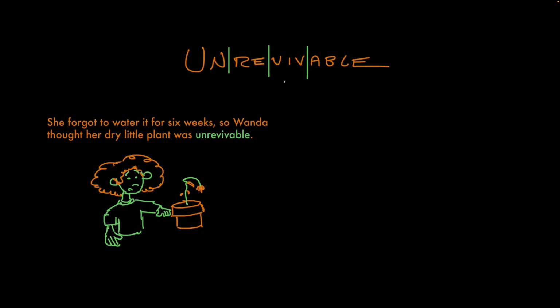So a thing that is unrevivable is a thing that cannot be brought back to life. Vive is a root that means live, right? You might know this root from survive, which means to stay alive, to keep living. So to revive something is to make it live again, right?